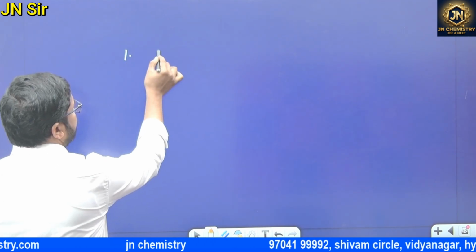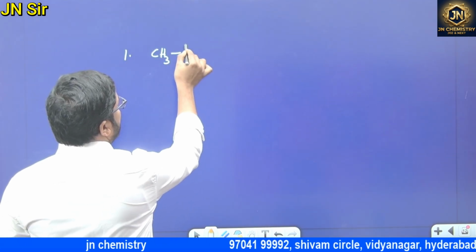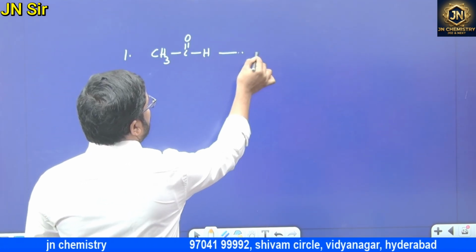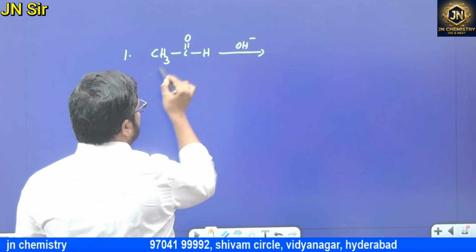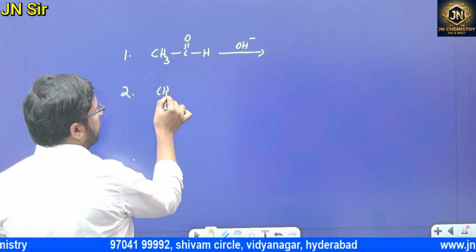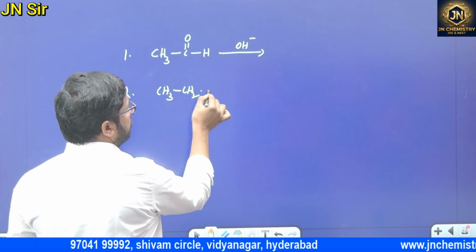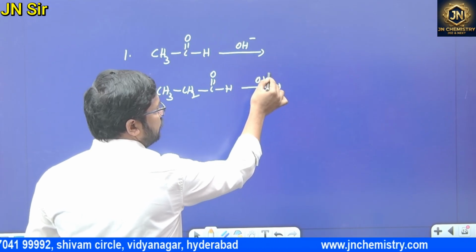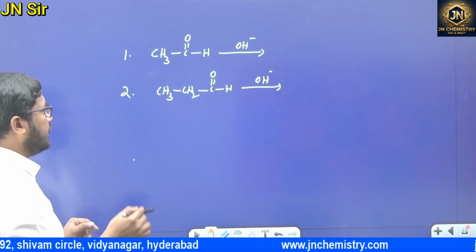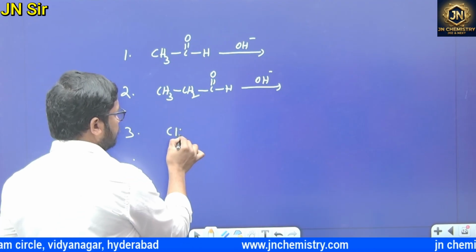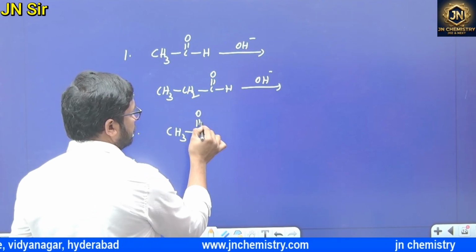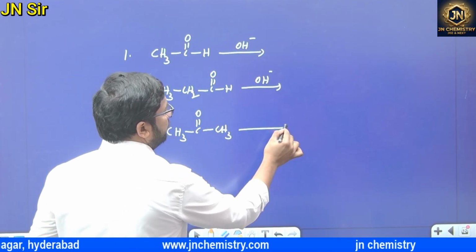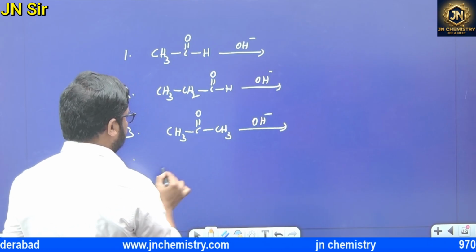Question number 1: CH3, C double bond O, H, with OH minus, giving CH3, CH2, C double bond OH. The bases I told you, you can take, I gave the list, right? Practice on your own.